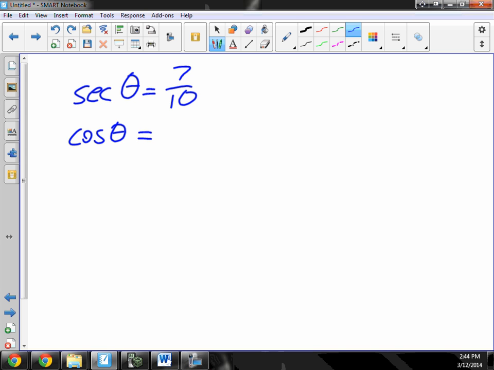If you're writing things down, you're not thinking hard enough. Why is it 10/7? Because they're reciprocals of each other. You could draw the triangle and figure it out, but in this case, I know that those are already reciprocals, so it's just 10/7.